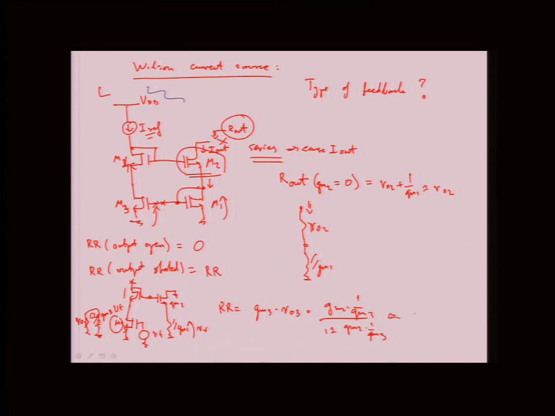So this is approximately GM3 times RO3. So once we have this and we have our R out, our true R out is then RO2 times 1 plus the return ratio, which is GM2 RO3.